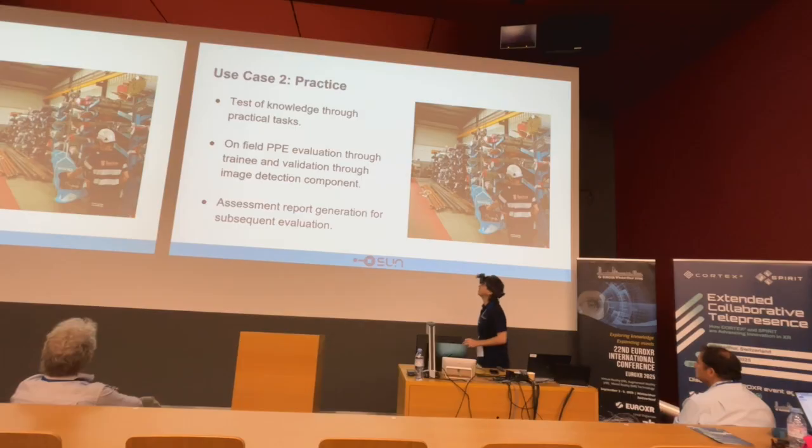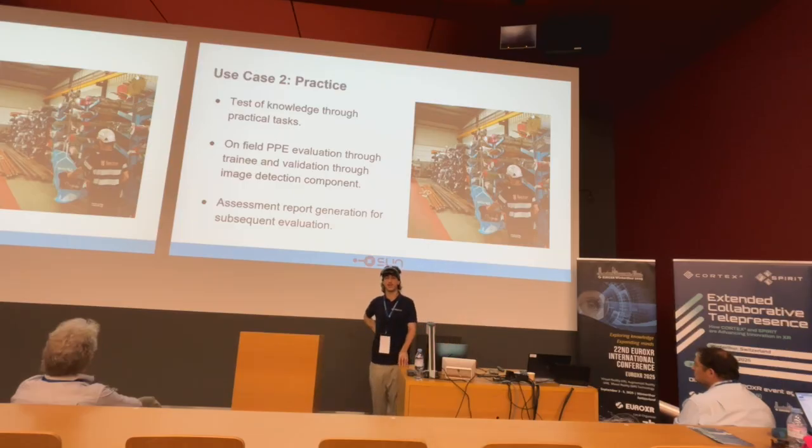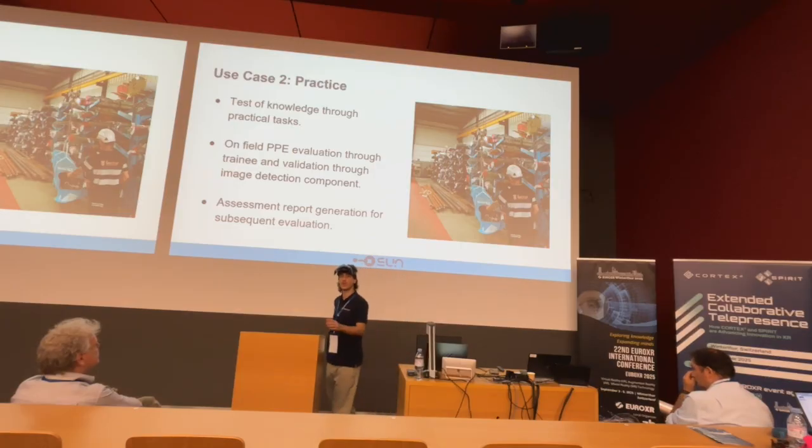So the knowledge will be tested on field with focus on the PPE evaluation, which stands for personal protective equipment. And these will be validated through the user. The user will go around the shop floor, take some screenshots, and acknowledge whether the equipment status of an actual employee within the shop floor is correct, whether he is correctly equipped or incorrectly equipped.